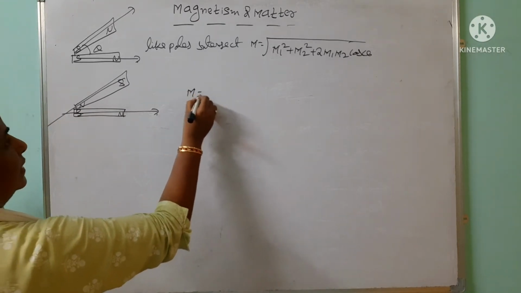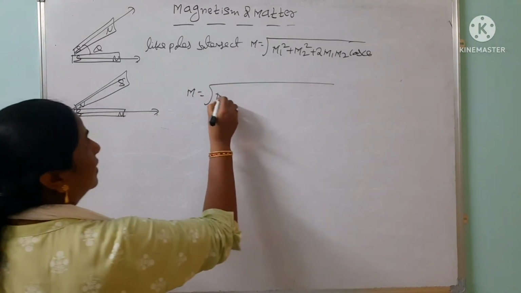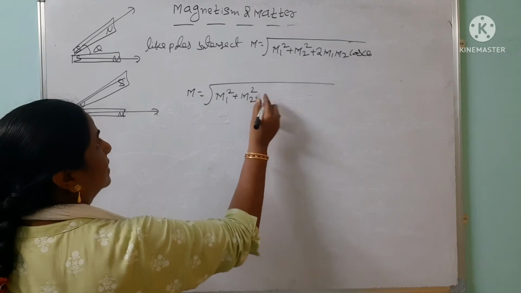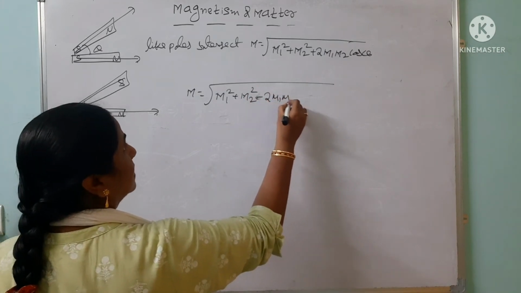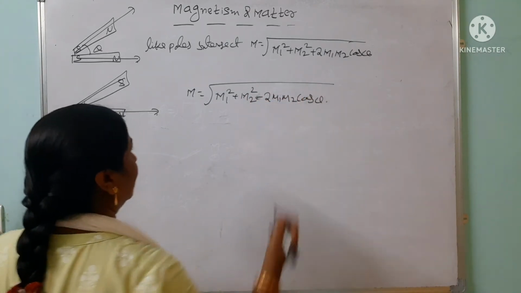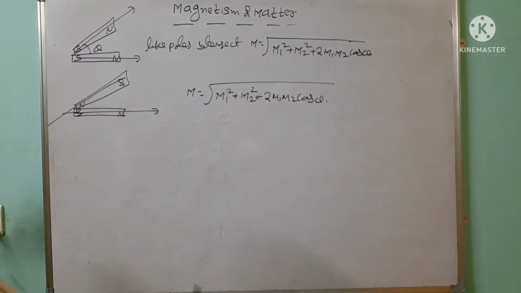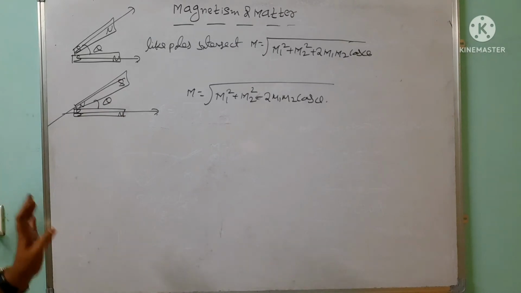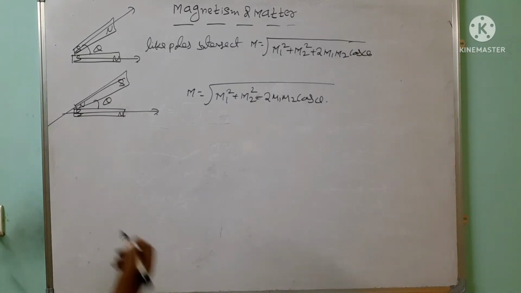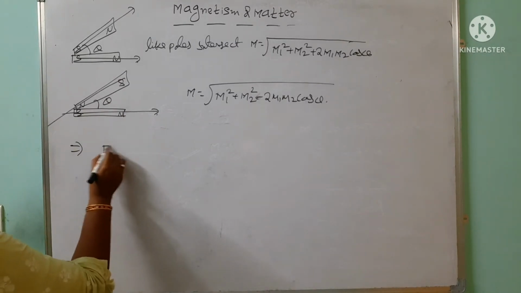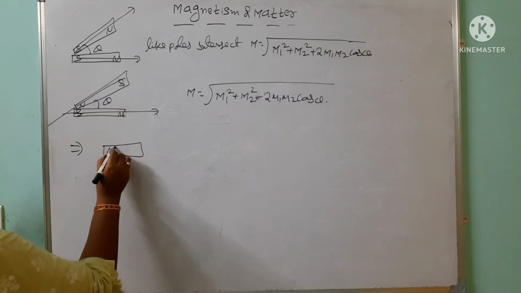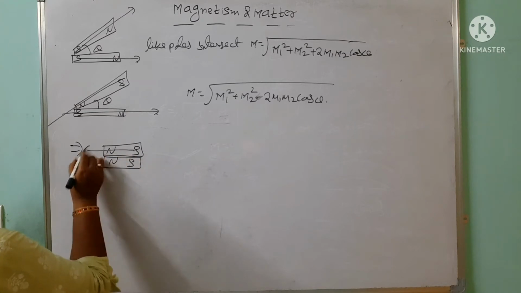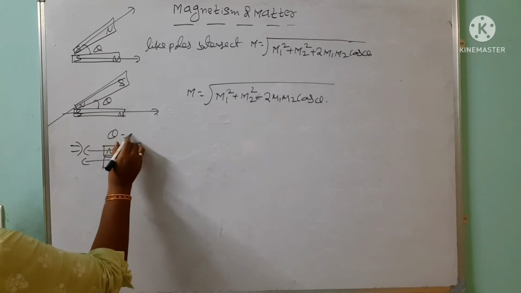M equals under root m1 square plus m2 square minus 2 m1 m2 cos theta. Not only this, based on the angle, we can go through different cases. Here, one more thing we are going to discuss. Two magnets: this is north pole, south pole, and this is also north pole, south pole. Here the angle between these two, theta, equals 0 degrees.